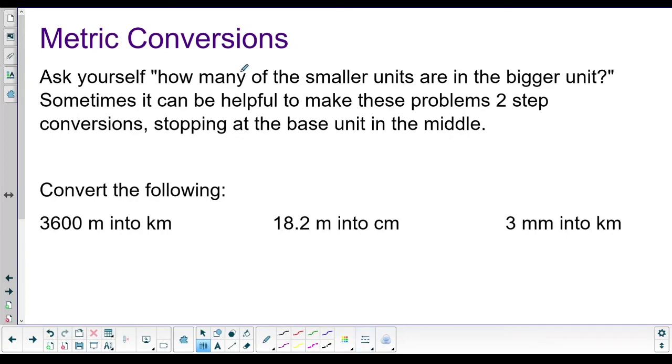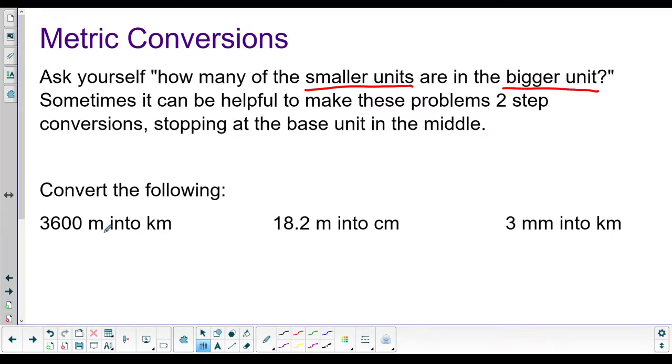So when we're doing metric conversions, we're going to follow the same procedure we just did for other unit conversions, but it shouldn't be quite as hard because of the way metric works. When you're doing metric conversions, it's helpful to ask yourself how many of the smaller units are in the bigger unit.